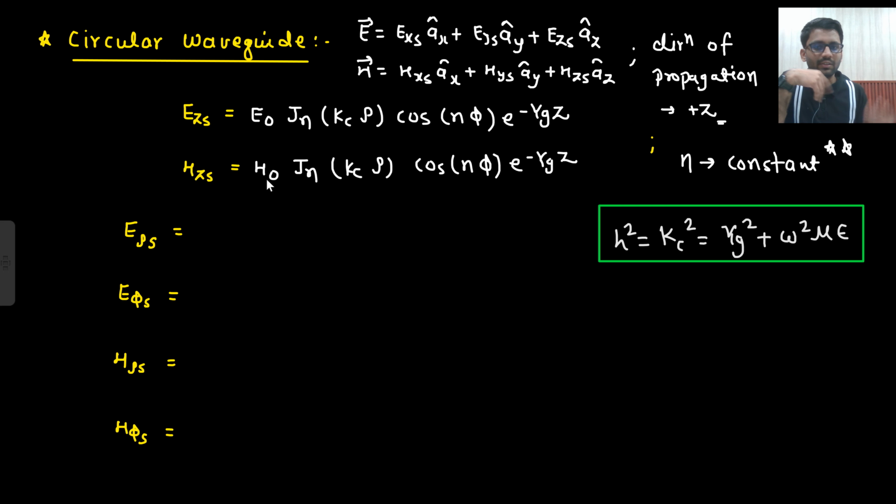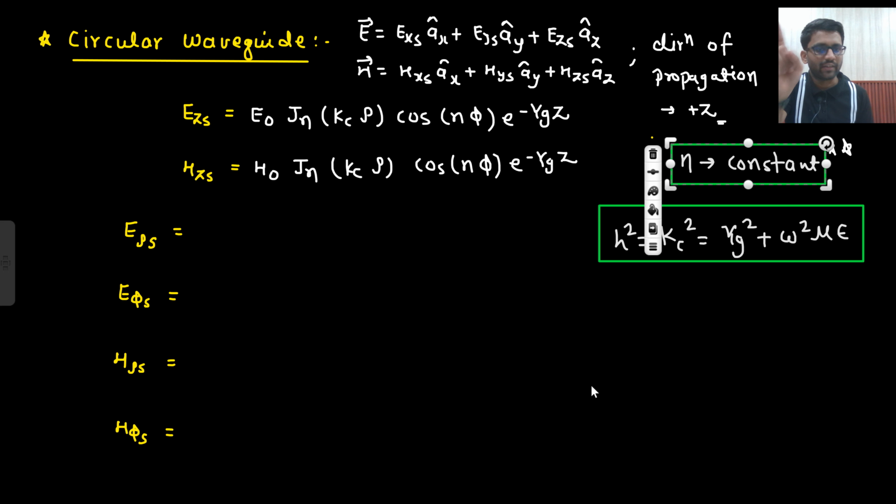What is E naught and H naught? They are the magnitudes. So now you know everything. E naught, H naught, Jn. What is Jn? It is the Bessel function. Kc rho, rho is the coordinate. Cos, you already know. N is a constant. Certainly we will discuss about this n, very important. And e to the power minus gamma gz.